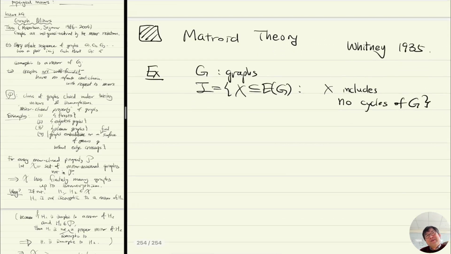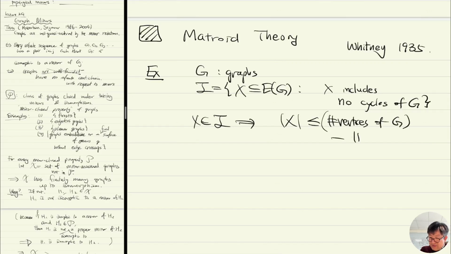All right. Now, how big is I? How big is the graph? Well, what kind of property do we have? If X is in I, then the number of edges is at most the number of vertices of G minus the number of components.